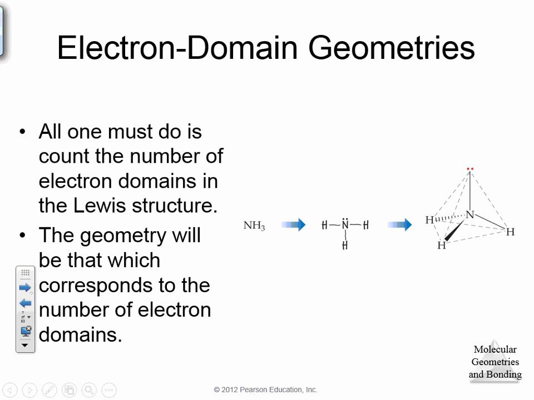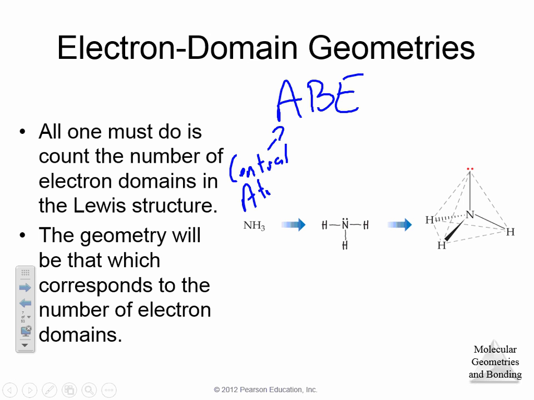All right? So, like we just got done talking about, all you need to do is count and figure out the total number of electron domains. And you're going to label it as really A, B, E. A being the central atom, which is pretty easy to number. B is going to be the number of atoms bonded to the central atom.